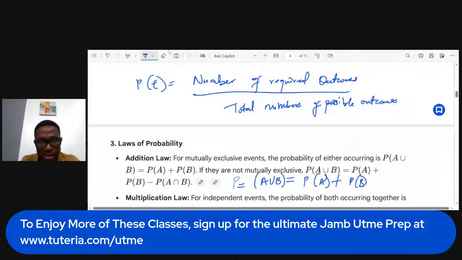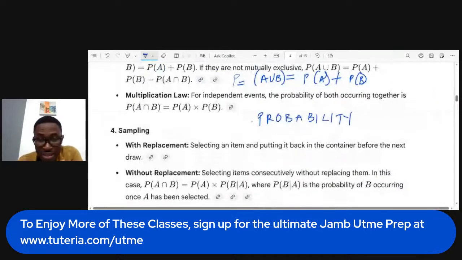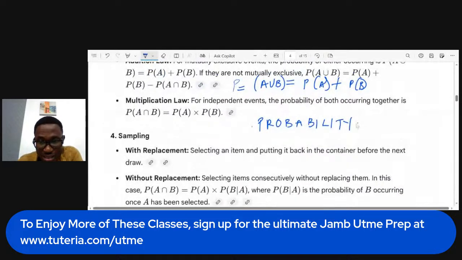Someone dropped an answer already, so let's see whether it's correct. Probability of an event occurring is the number of required outcomes over the total number of possible outcomes. The word probability gives you how many letters?